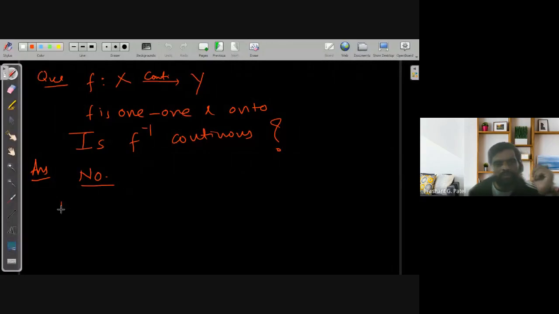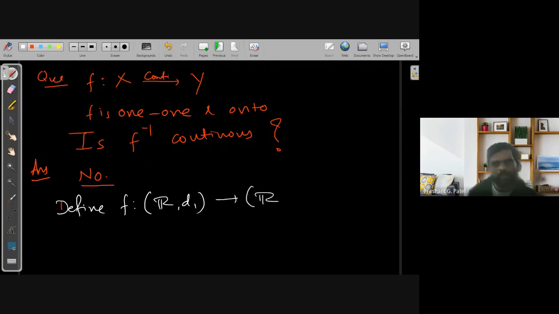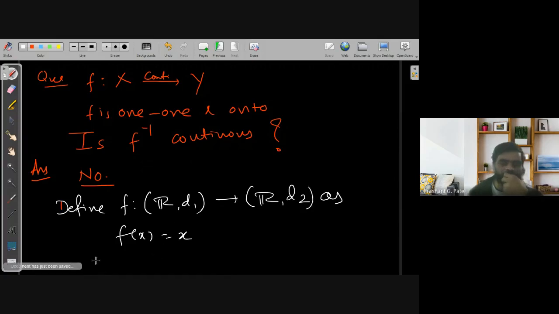So let's define a map F from R comma D1 to R comma D2 as F of x is equal to x. Then we know that this F is continuous. We already discussed earlier why this is continuous.